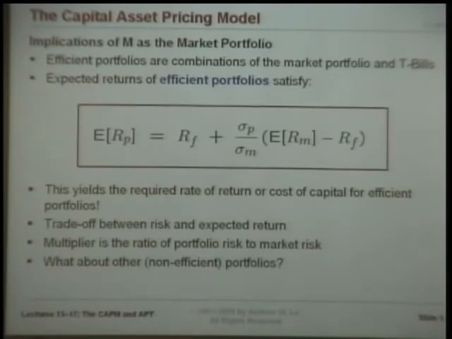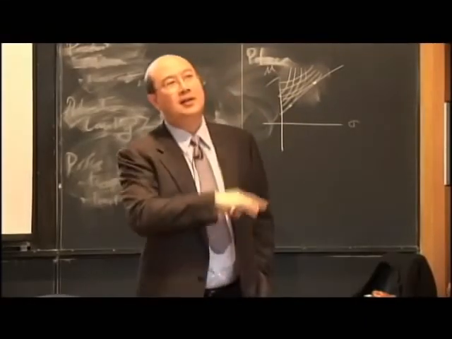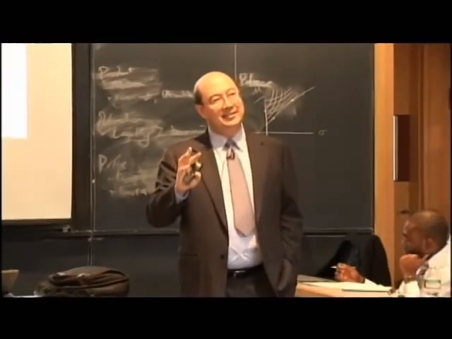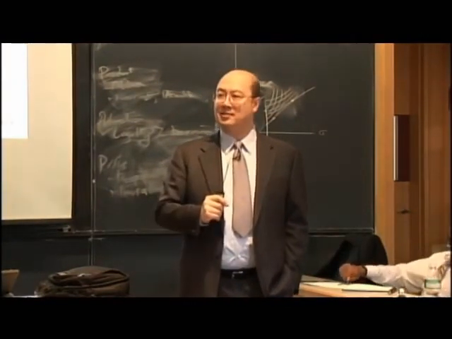It turns out that portfolio M, therefore, has to be a very specific portfolio. And it turns out that that portfolio is the portfolio of all assets in the entire economy in proportion to their market capitalizations.